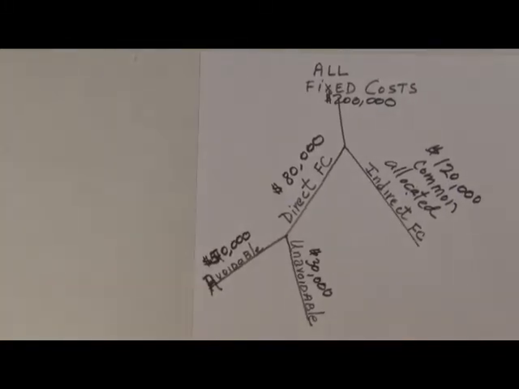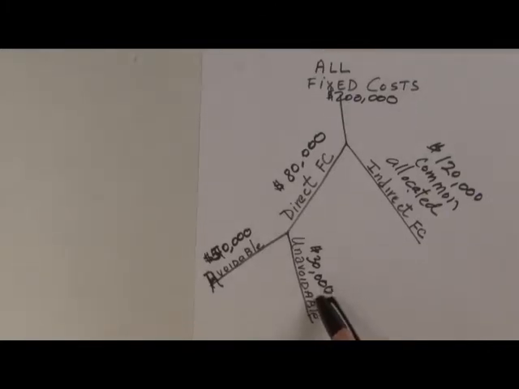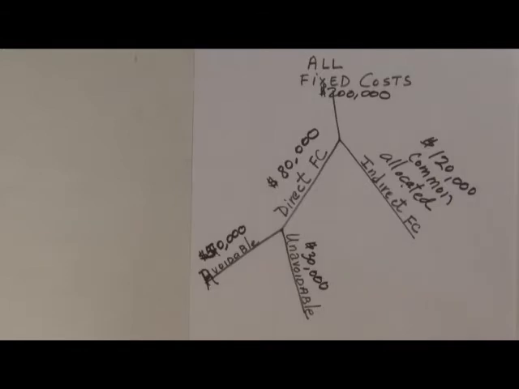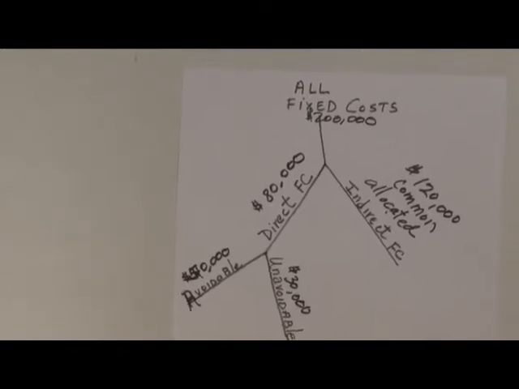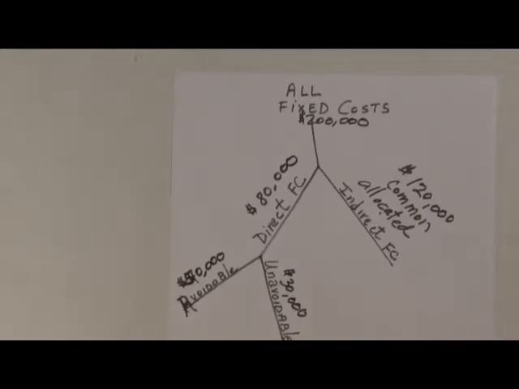Now, what do I mean unavoidable? Well, maybe this is another supervisor who, instead of letting them go or terminating their employment, we're going to take this person and just assign them somewhere else in the business. So we will still have their salary to pay. It's just they won't be in this department anymore.